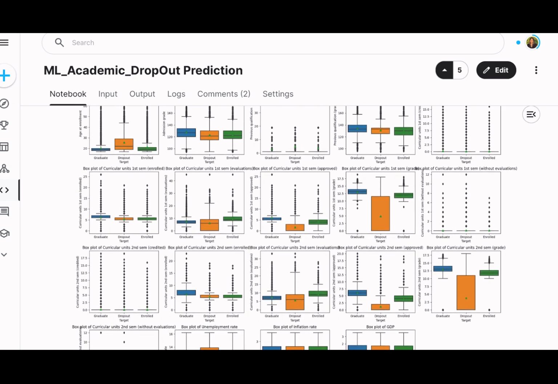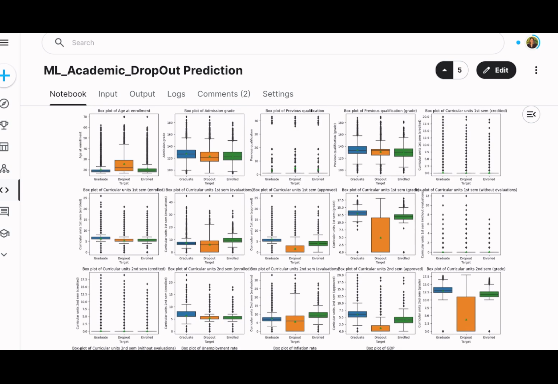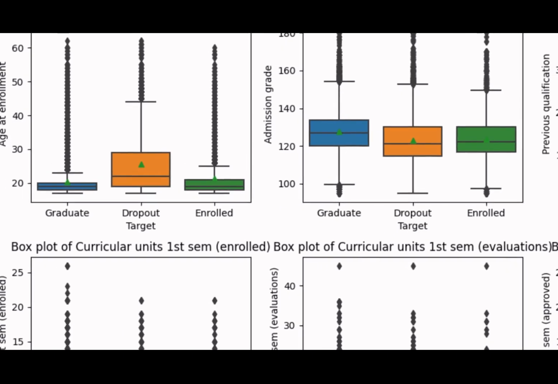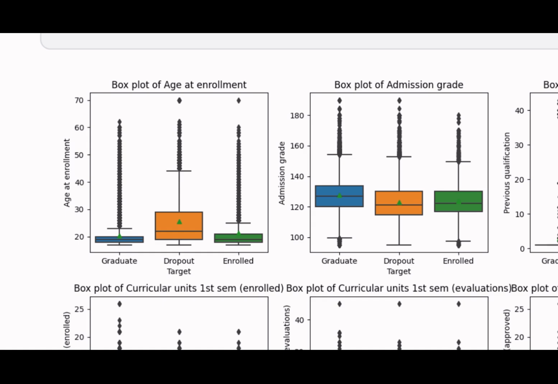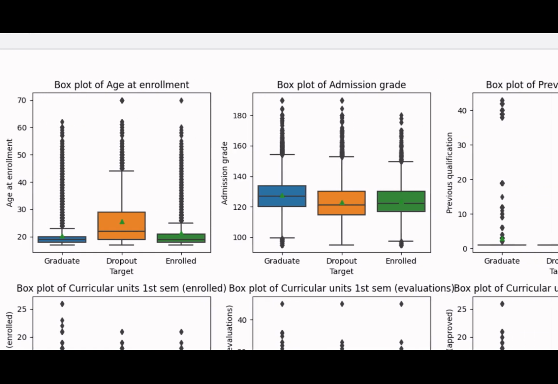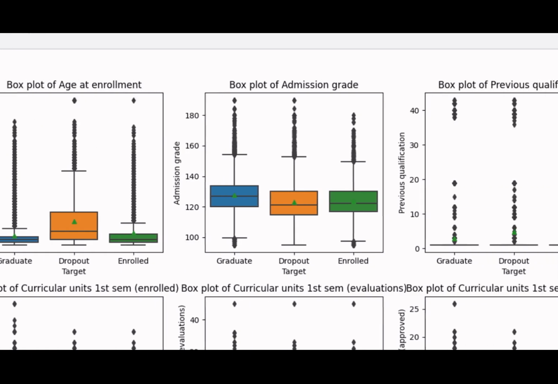And the way we read it is looking at the median values. So there are certain instances, like for the dropout target, the median age is higher. So it looks like people who are a bit older and enrolling in the courses are dropping out. Also for admission grade, for the dropout candidates and also for the enrolled candidates, the median value for admission grade is almost the same.